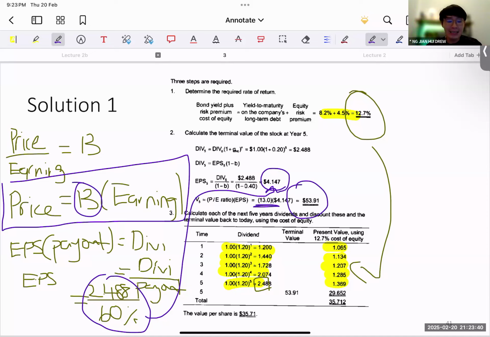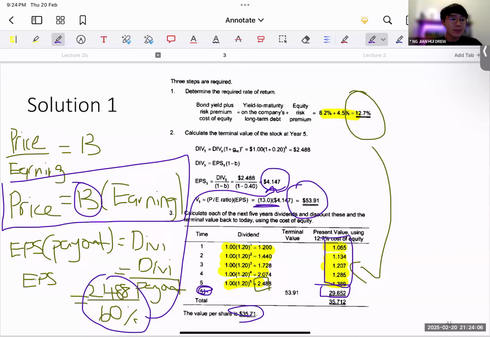But this price is at year 5, so we do need to discount this back. You get 29, and then we add 29 plus this to get 35.7.